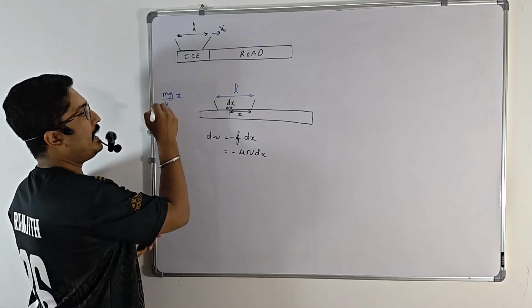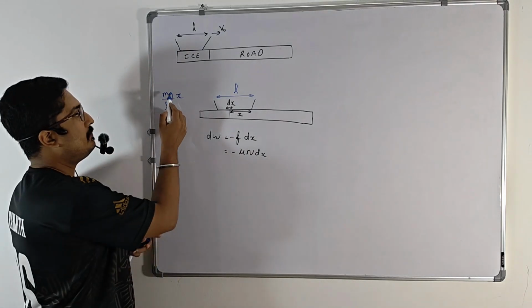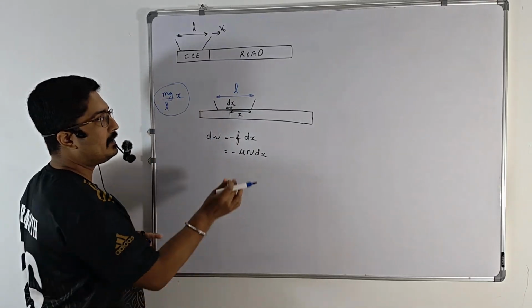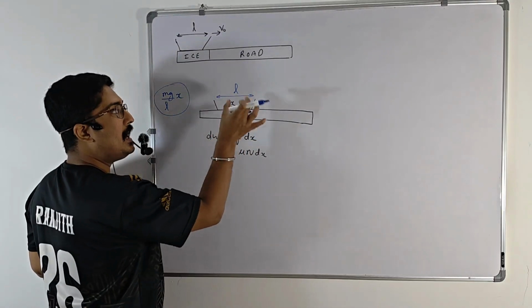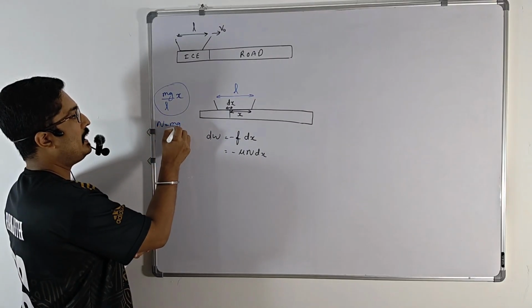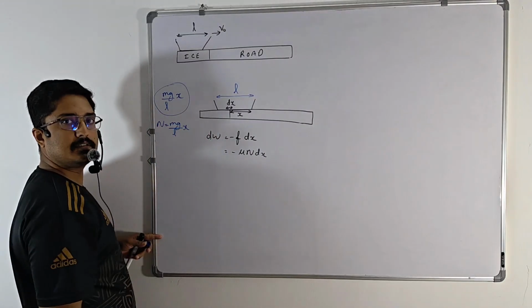I want the weight for x. So it is mg by L into x. This is the weight acting in this part, and that weight generates the normal force I want. So the normal force will also be mg by L times x.